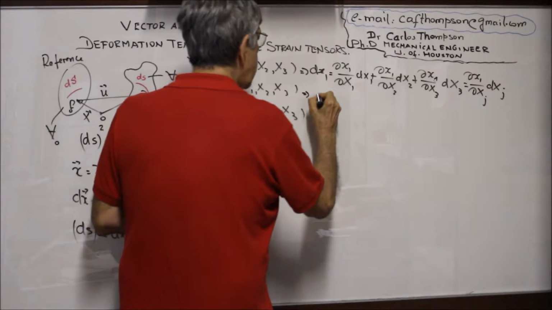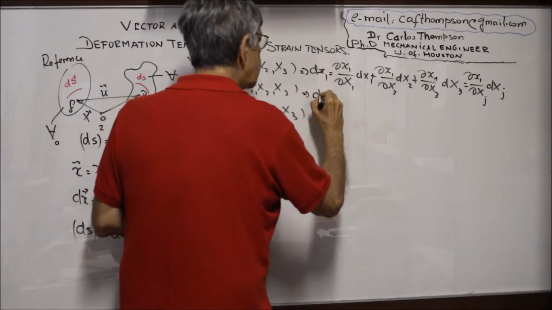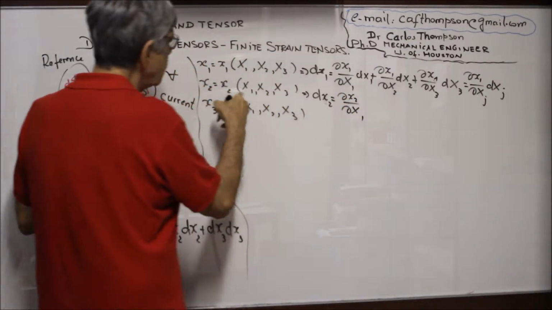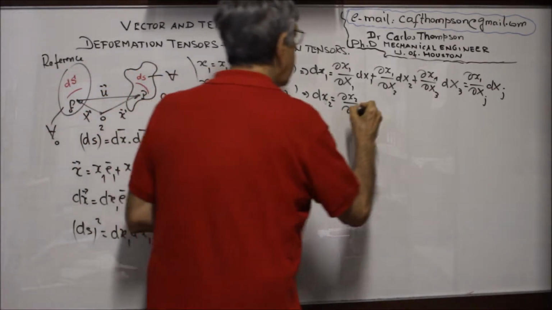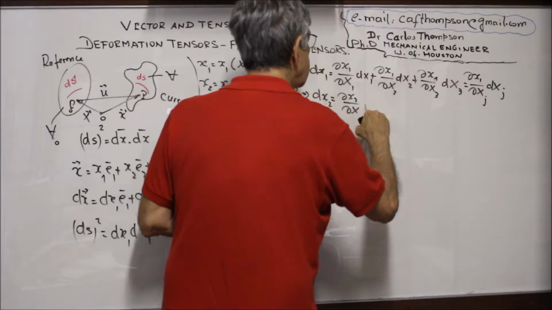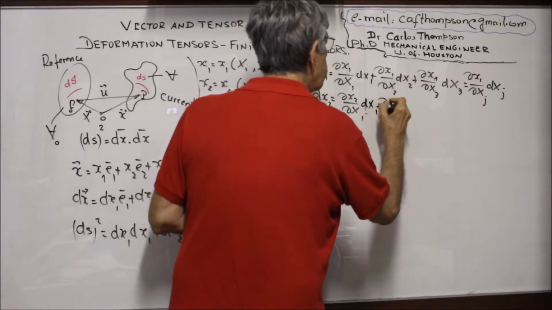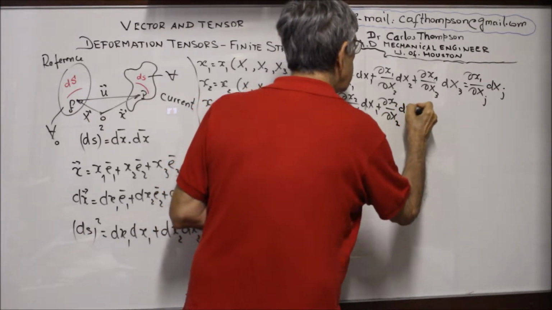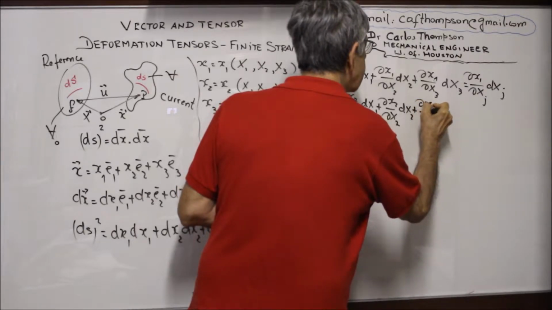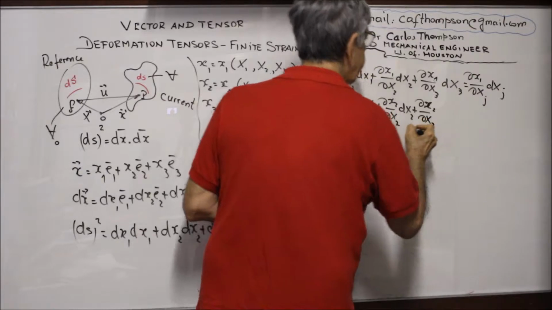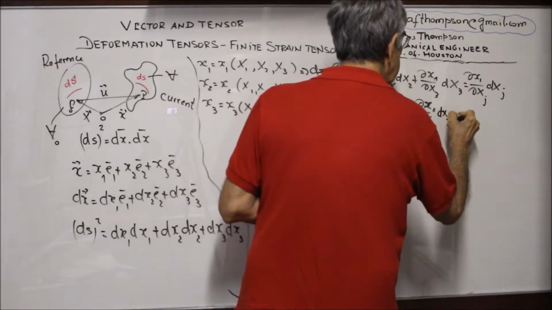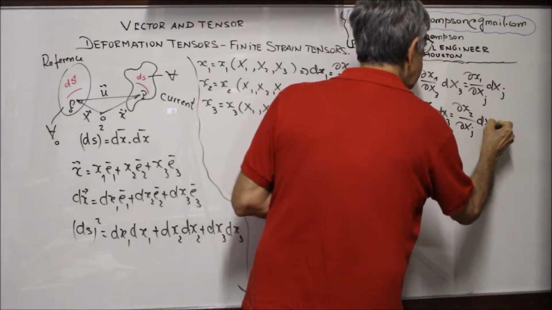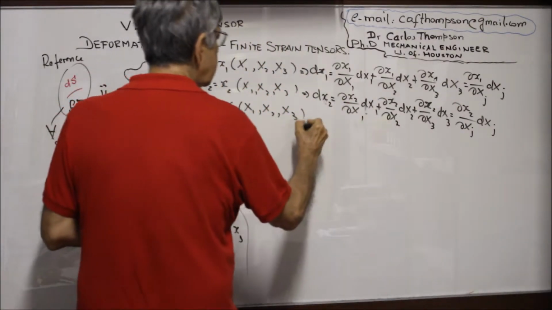Likewise, dx2 is equal to the partial of x2 with respect to X1 dX1 plus the partial of x2 with respect to X2 dX2 plus the partial of x2 with respect to X3 dX3. This is partial x2 over Xj dXj.